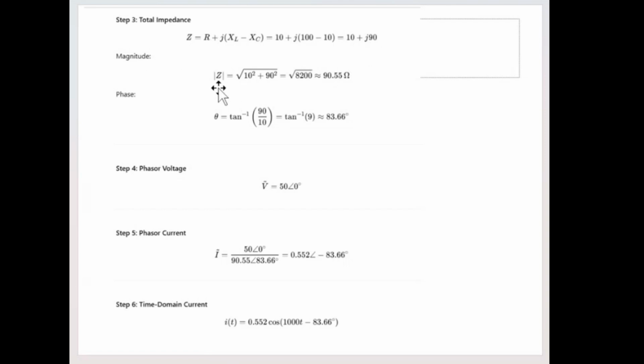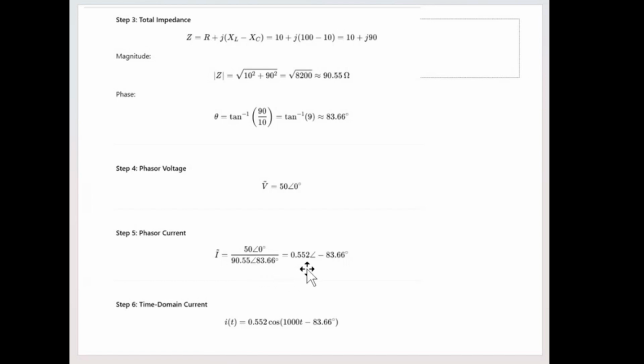So here the magnitude of this impedance would be just 90.55, and the phase angle would be 83.66 degrees. If we take a look at the voltage function, the phasor would be 50 with the angle of 0. From there, we can calculate the current phasor to be 50 with angle 0 divided by our impedance, which is 90.55 with angle 83.66.